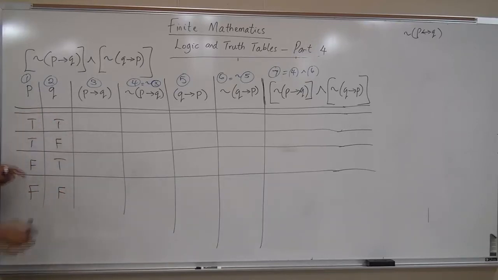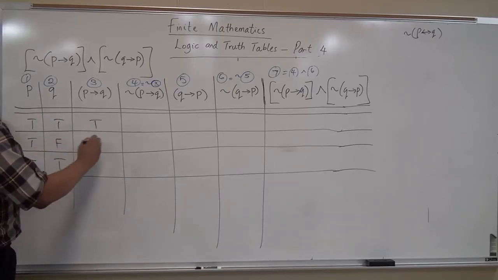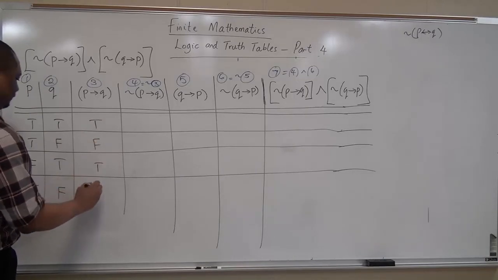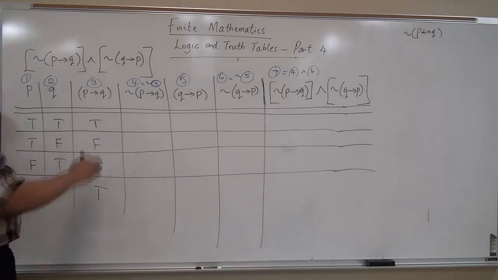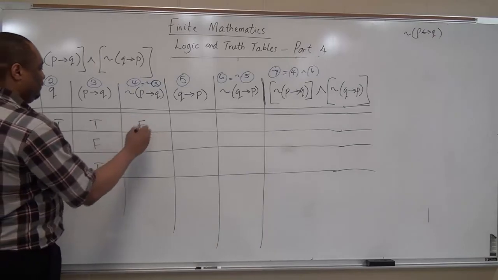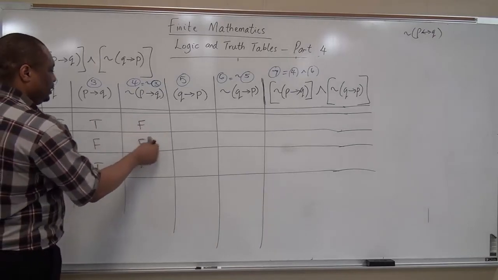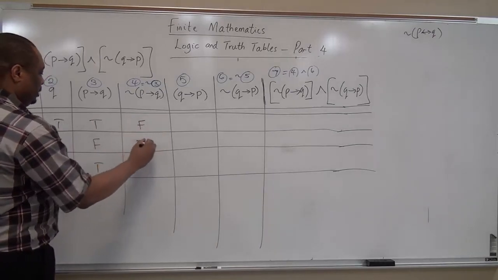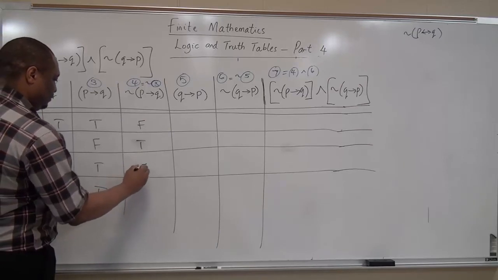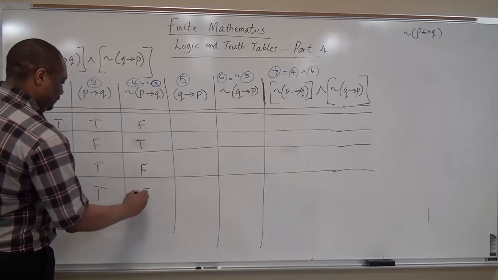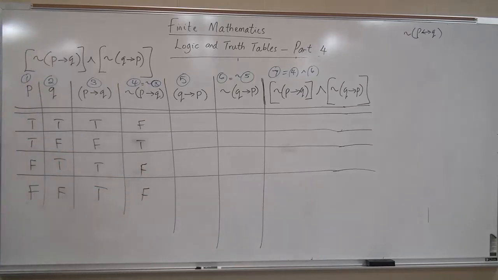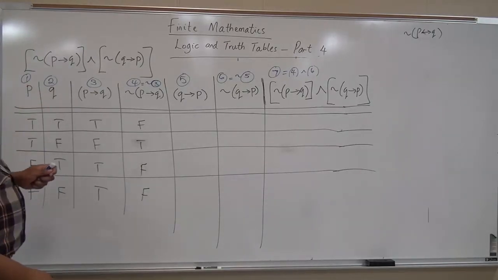P implies Q, TT is T, TF is F, FT is T, FF is T. Negation of it, negation of T is F, negation of F is T, negation of T is F, and negation of T is F. Then Q implies P, right?